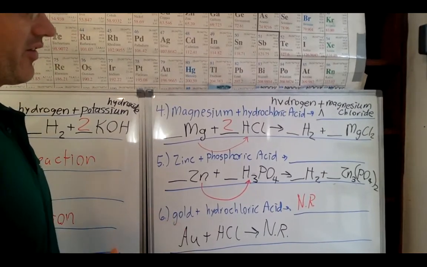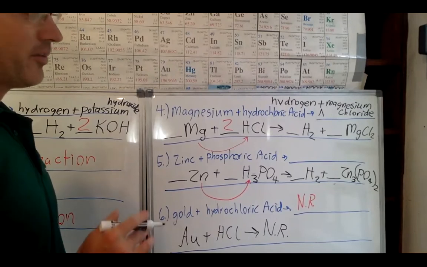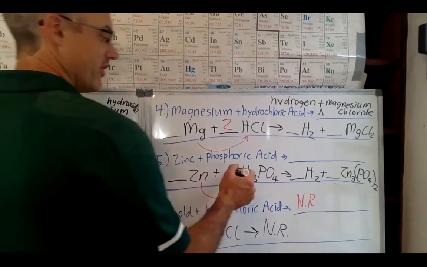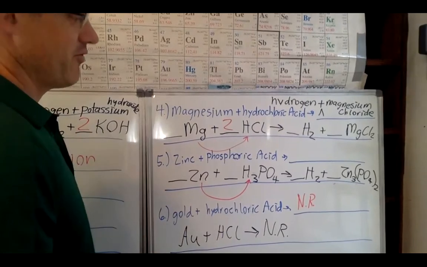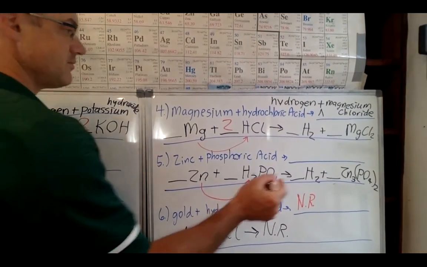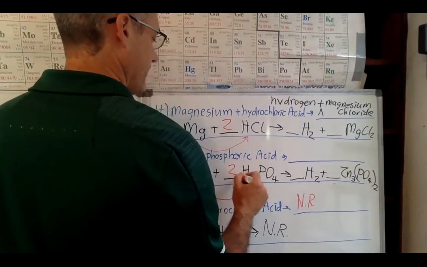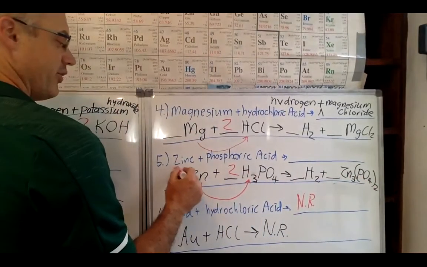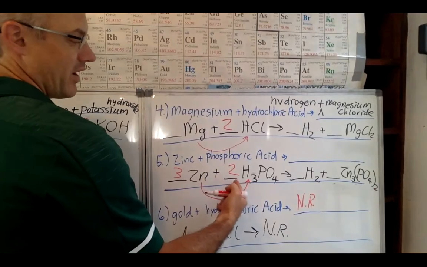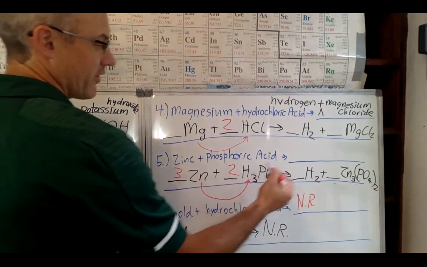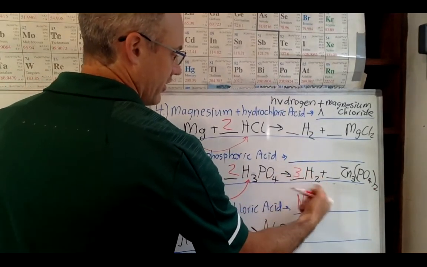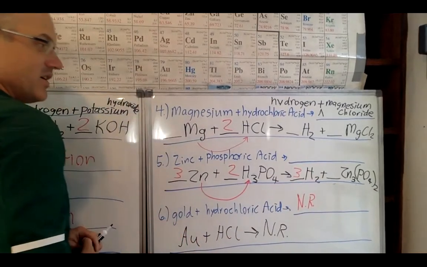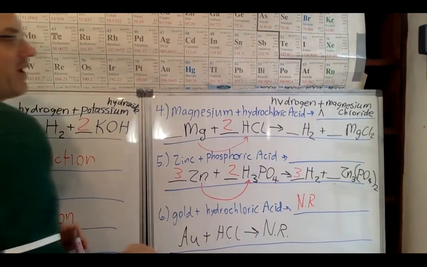Obviously not the prettiest looking thing ever, but that does mean that we need to put a 2 in front of the H3PO4 to get the 2 phosphates that we have over here with the parentheses. We need a 3 in front of our zinc. And now we need 2 times 3 is 6. We need 3 times 2 here, 6 hydrogens. So that's our balanced reaction.